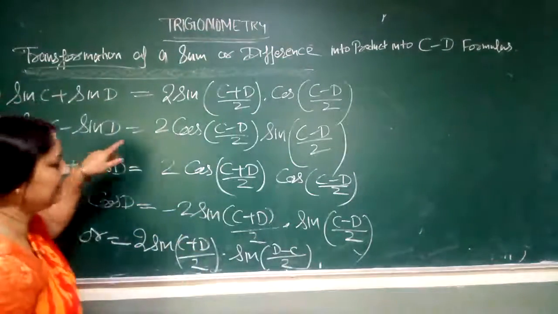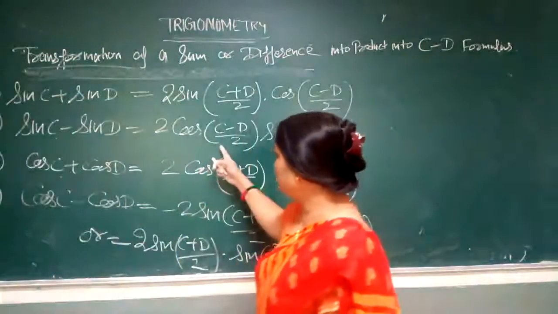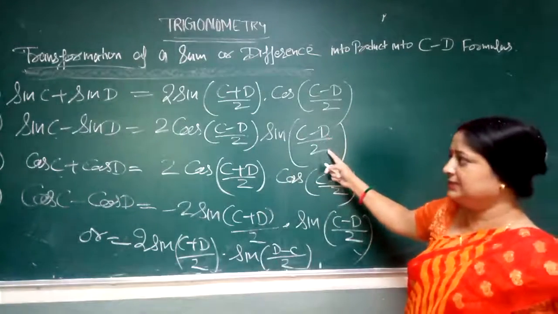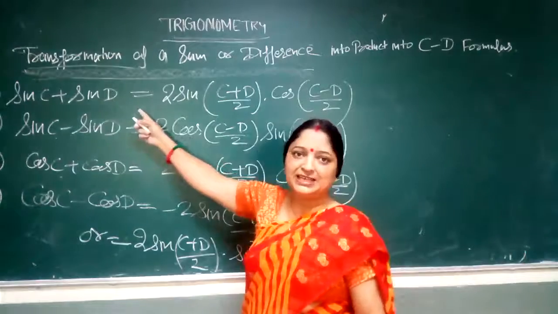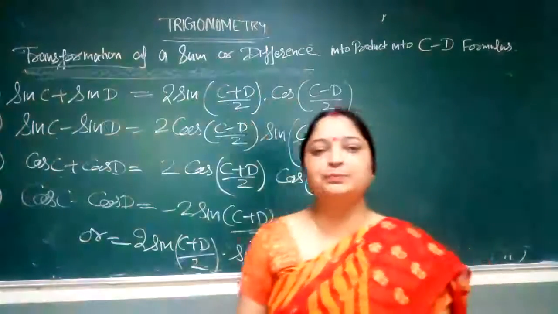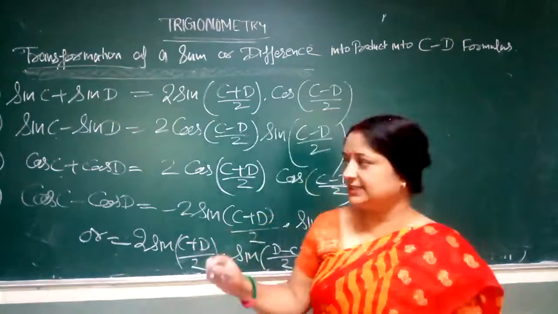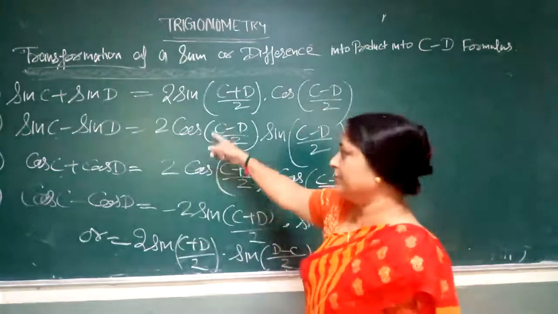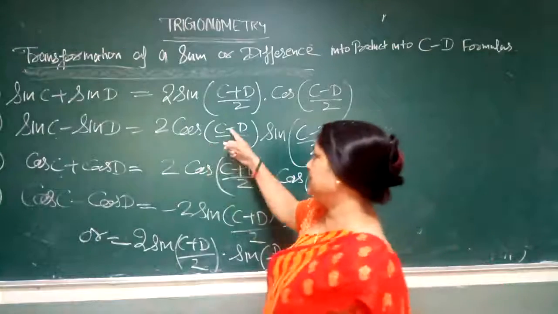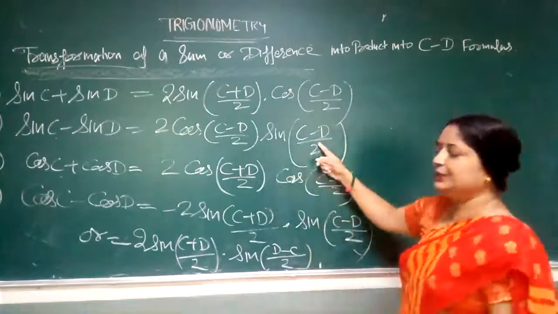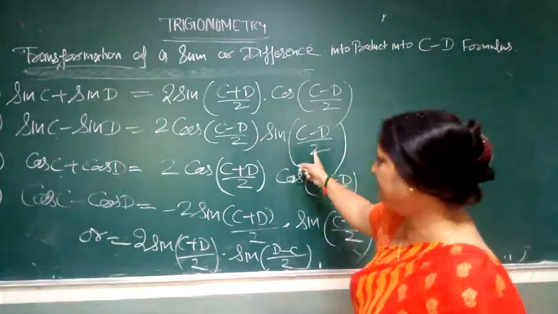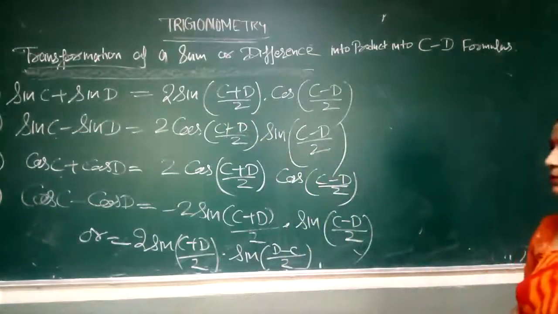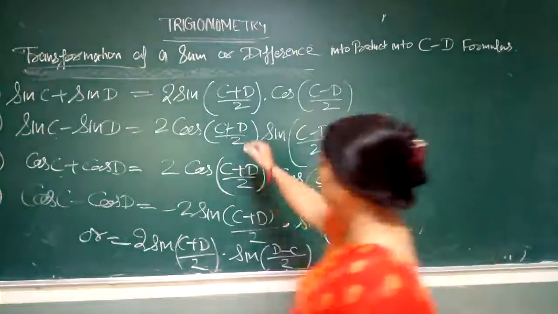Now sin C minus sin D is 2 cos (C plus D)/2 into sin (C minus D)/2. Here plus sign with plus sign will come, and in sin C minus sin D, cos will come first because cos is boss, so 2 cos (C plus D)/2 into sin (C minus D)/2.